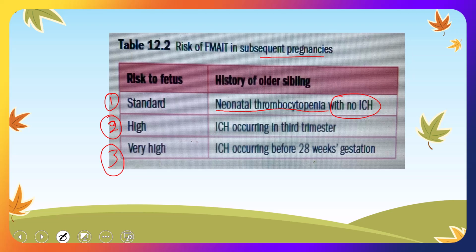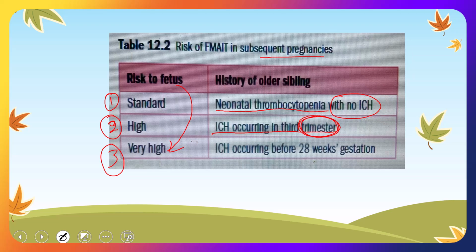The risk to the fetus is high when the patient gives a history that intracranial hemorrhage occurred to the previous pregnancy baby only in the 3rd trimester, meaning that intracranial hemorrhage occurred late in the previous pregnancy. So what is the risk to the fetus when we categorize the baby as very high risk of having feto-maternal alloimmune thrombocytopenia?